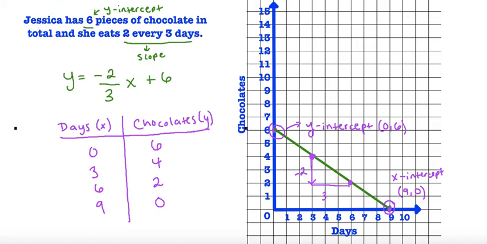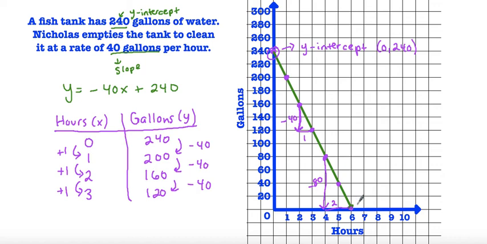And if we go back to our previous example, we'll notice that our x-intercept here is at 6, 0, because after 6 hours, this tank will have 0 gallons of water.